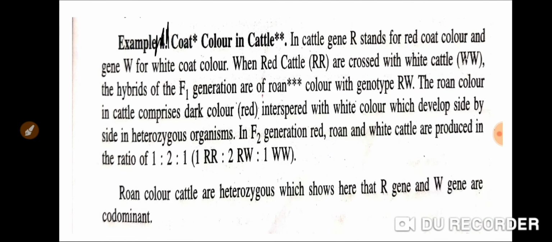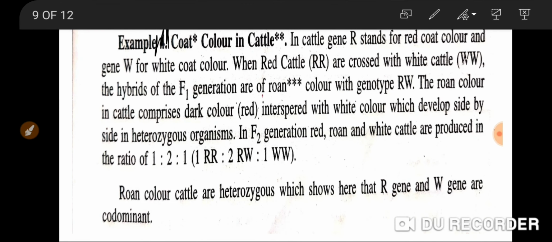Now let's take one more example of codominance, that is the coat color in cattle. In cattle, gene R stands for the red color, while gene W, capital W, stands for the white color.